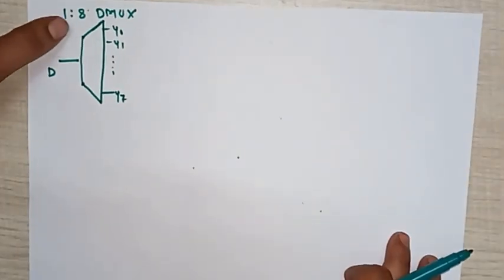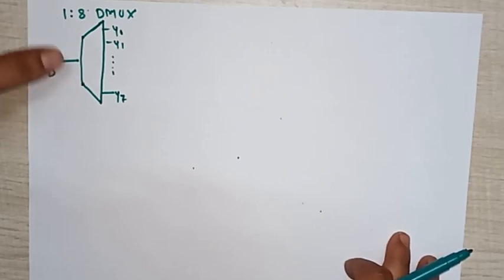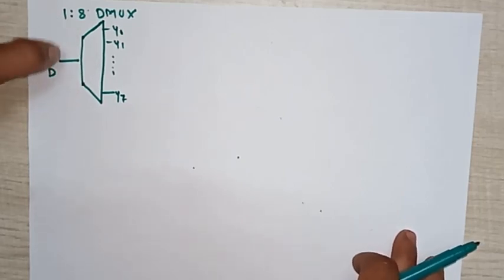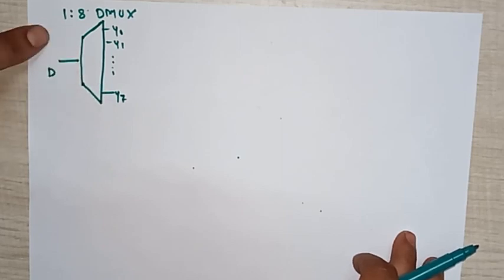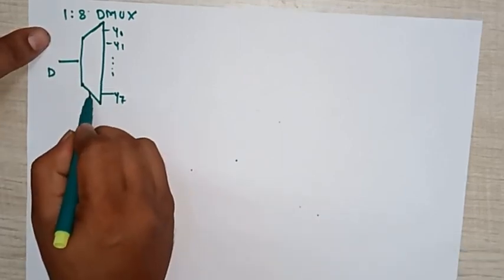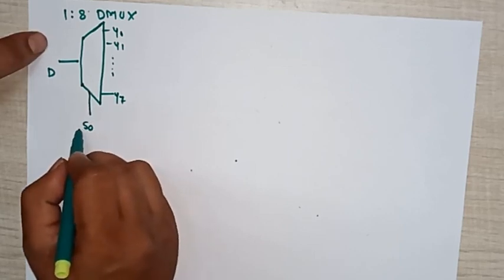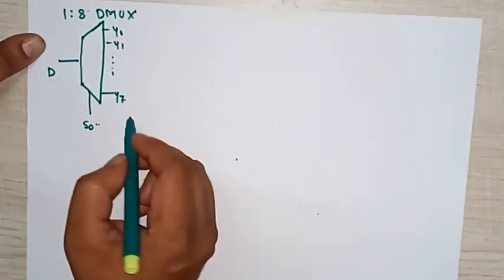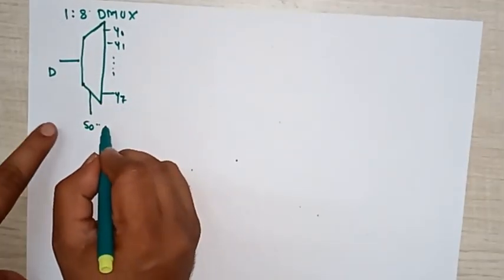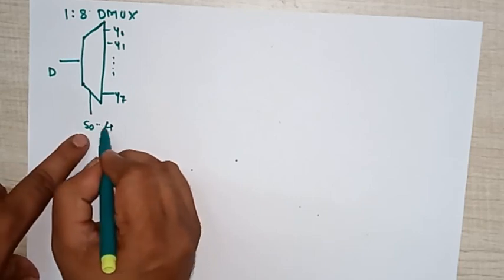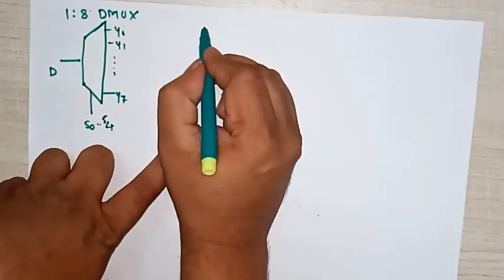Now for the 1:8 demux, we have a single input and 8 outputs. Here we also have the select lines from S0 onwards.